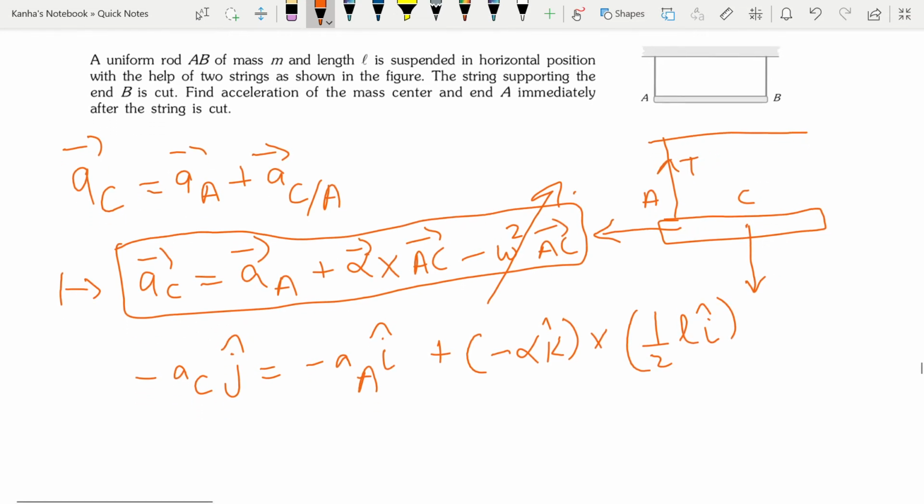Now you just equate the x and y components on both sides. You will get AC is equal to half alpha L, and the acceleration of A is equal to 0.